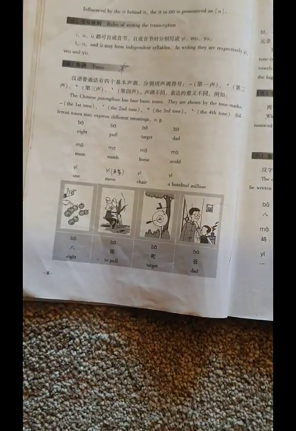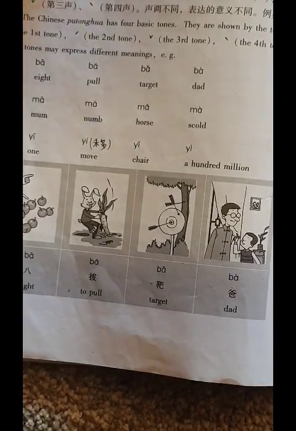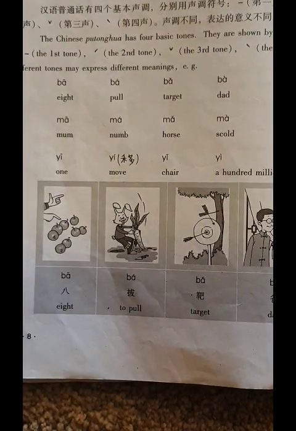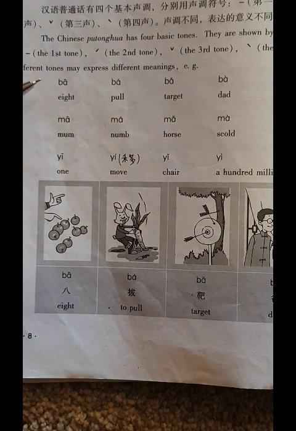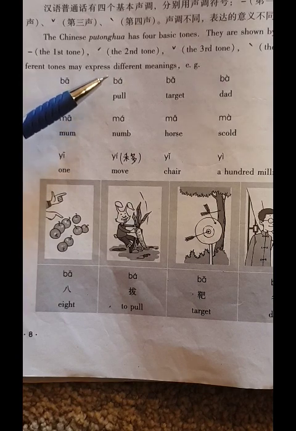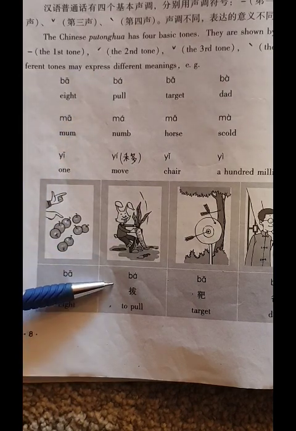So we're gonna go to the book, going to this one, for example. We said that the rule is saying what? Different tones means different meanings. Okay, is it clear? Yes. Okay, so for example, if you said bā, this means number 8. Then bá, this means that you're pulling something.